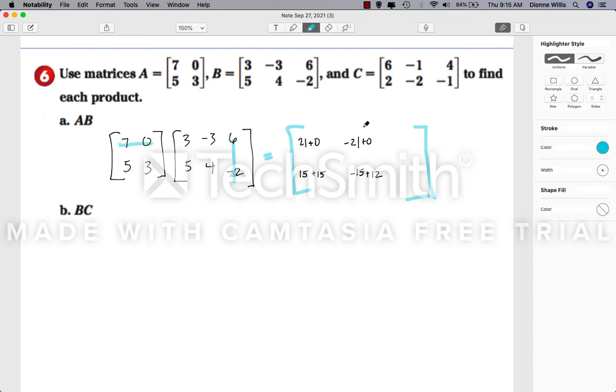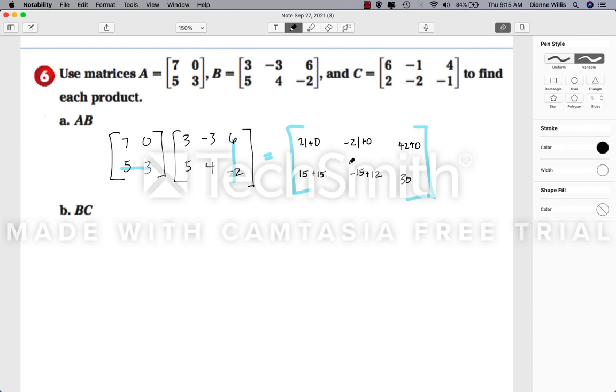So 7 times 7 is 42. 0 times negative 2 is 0. So that's that element. And now I'm going to go back and do the last row over here. Trying to stick with my highlights. Y'all with me? Okay, so 5 times 6 is 30.